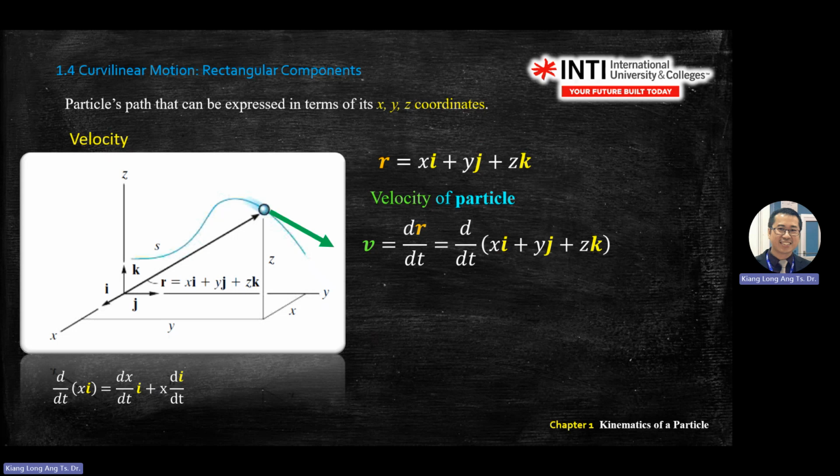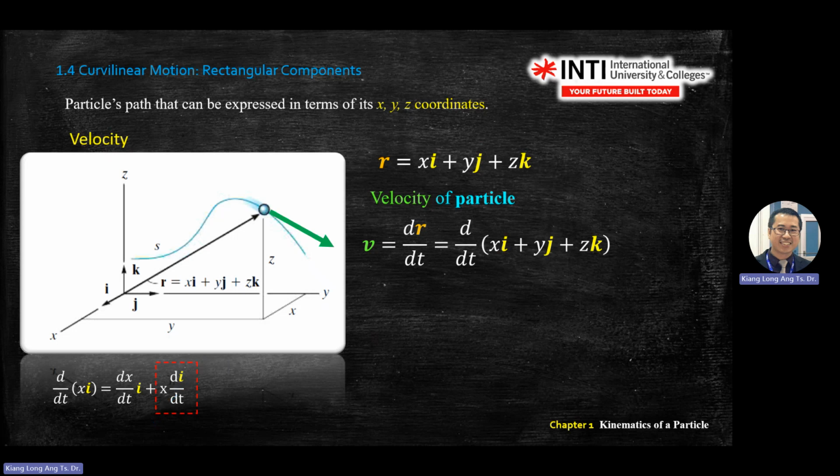Differentiate d dt of xi using chain rules means you fix one, you differentiate the other. This is called chain rules. So dx dt i, then x di dt. This is called chain rules. If you already forget, just go and see.